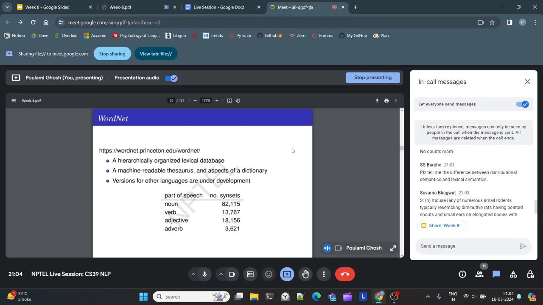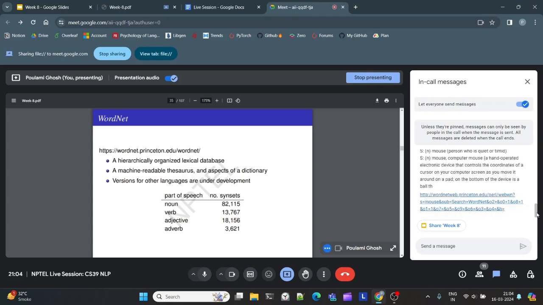Whereas in lexical semantics, we are mostly concerned with lexical relations, like the ones we discussed in the beginning, such as hyponymy and synonymy. Here we would be dealing with WordNet and knowledge bases like this. That would be the difference. I hope that clears your doubt.